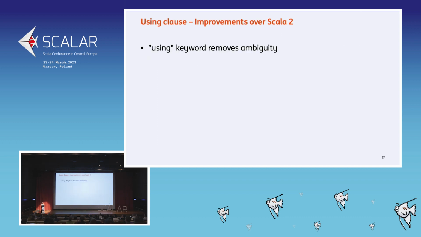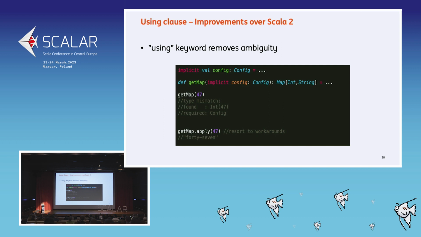Also, another add-on to this advantage of clarity is about removing ambiguity. And let's look at another example from the Scala 2 implicit keyword. So we have a method here called getMap, which takes an implicit parameter config and returns a map. Now, we have an implicit in scope, a valid implicit.